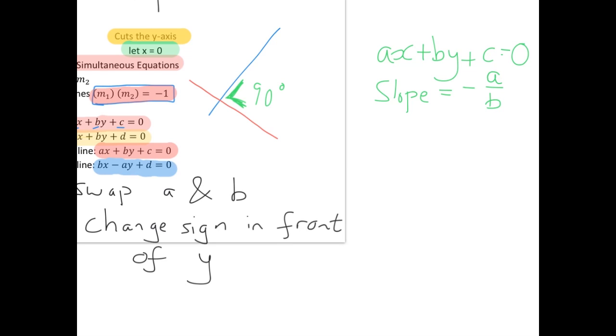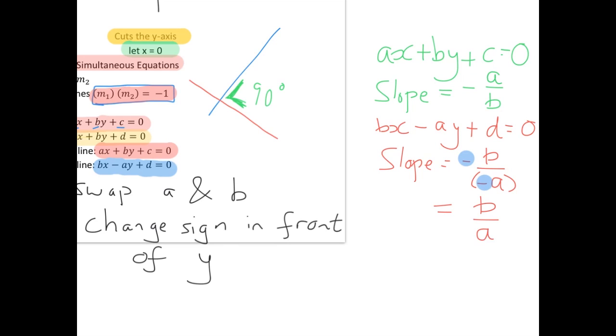But then if we look at our second equation, bx minus ay plus d equals 0, our slope is equal to minus the number in front of x, which is b, over the number in front of y, which is minus a. Now when we have a minus divided by a minus, that ends up being a plus, so our slope in that case is going to be equal to b over a.